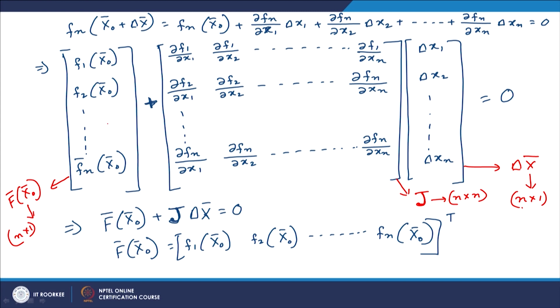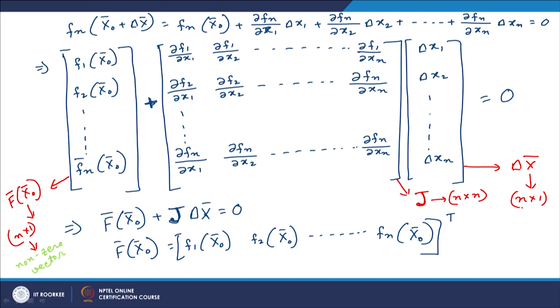Similarly, all the other functions evaluated at x naught would be non-zero. So in general, this particular vector, f of x naught, would be a non-zero vector.